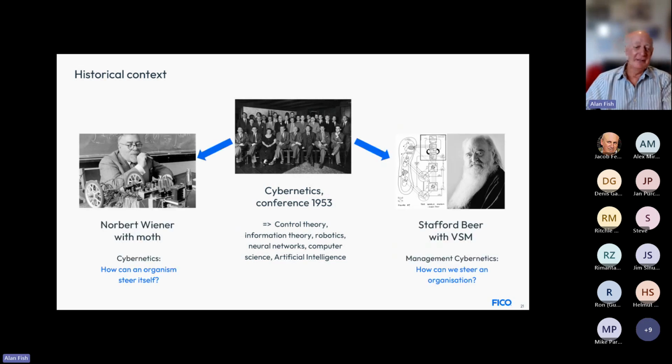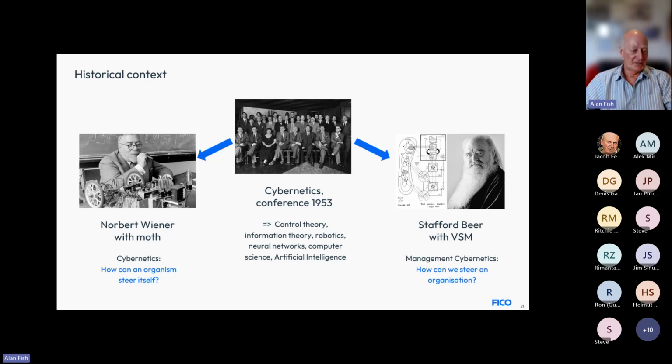So on the left here, I have Norbert Wiener, who actually coined the term cybernetics from the Greek Kubernetes, meaning steersman. Now, the word steersman or cybernetics invites different questions. Norbert Wiener thought the question should be, how can an organism steer itself?